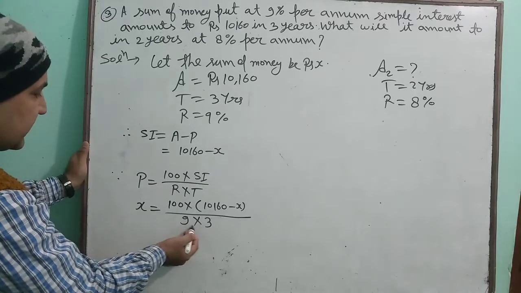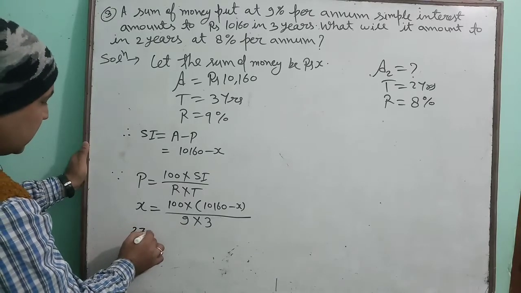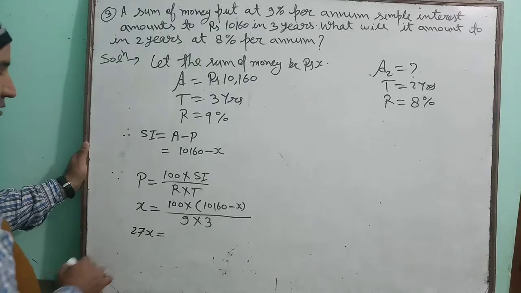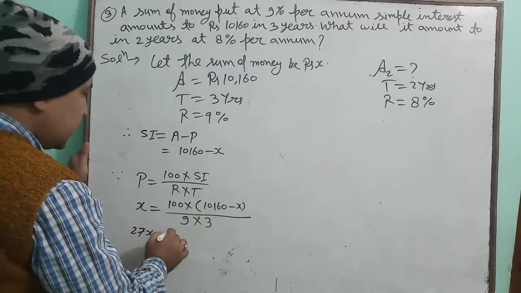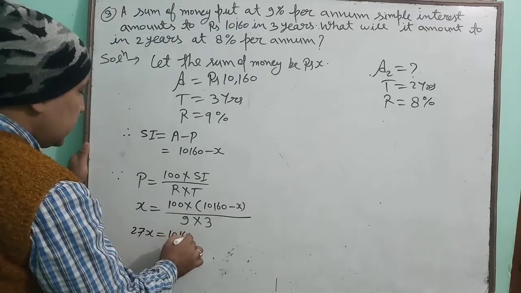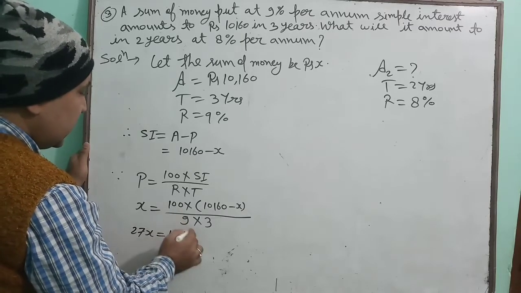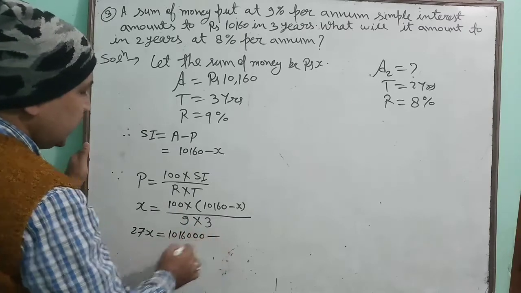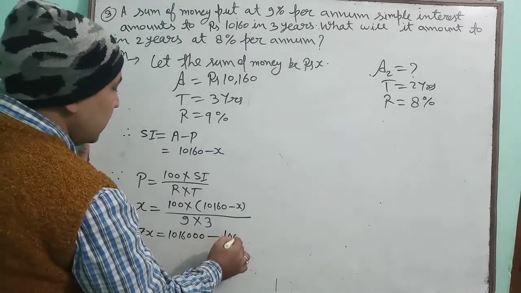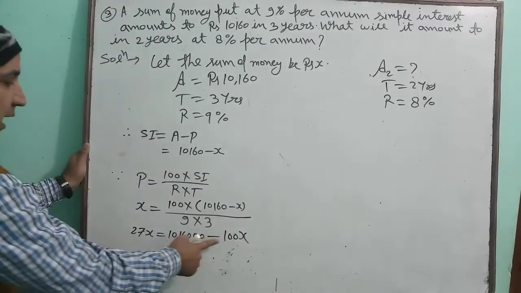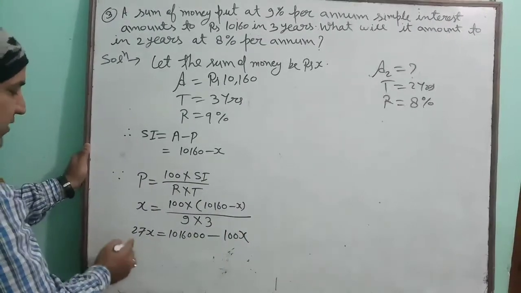9 into 3, 27 is multiplied with X. So it will become 27X. When 100 is multiplied inside, 10,160 is multiplied by 100, then two zeros will be added, minus 100X. 100X will be transferred to the left hand side.